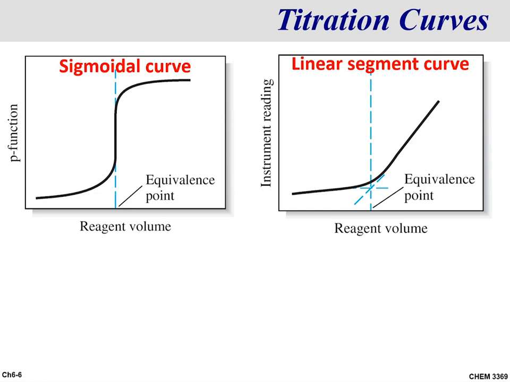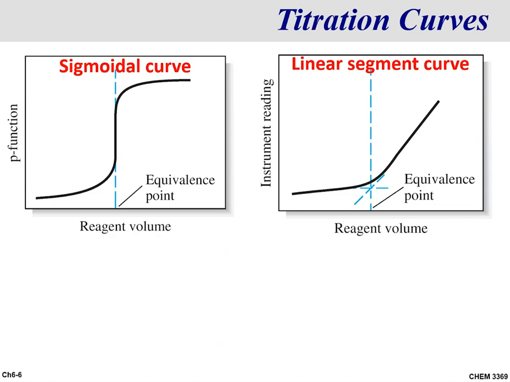Okay, so to keep it close to the lab, I'll use an acid-base titration. For an acid-base titration, the titration curve is usually a plot of the pH of the analyte solution versus the volume of the titrant added.